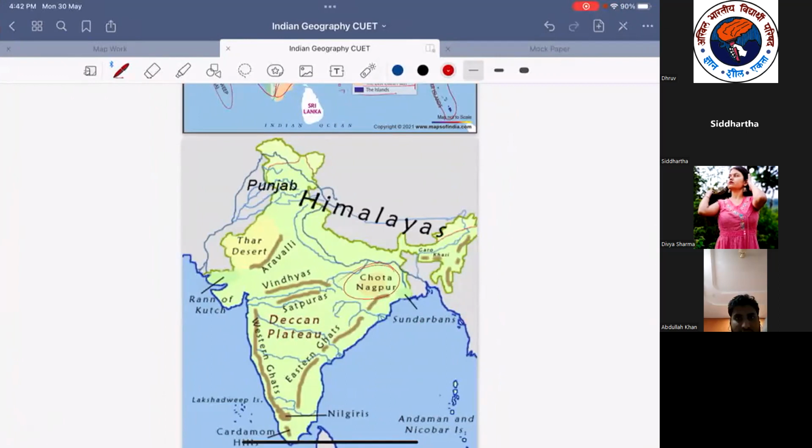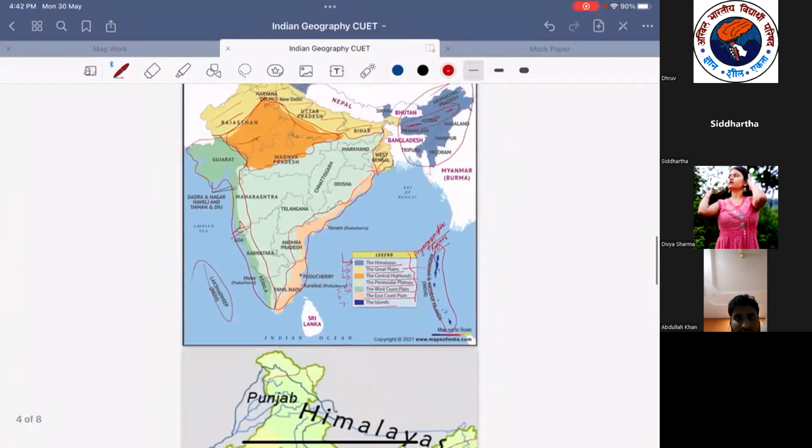In the physiogeographical region you saw the Peninsular Plateau here, this area is a plateau. Now if they ask about Chota Nagpur Plateau, where it is found, you have to mention Jharkhand. Jharkhand is the area where Chota Nagpur Plateau is found.